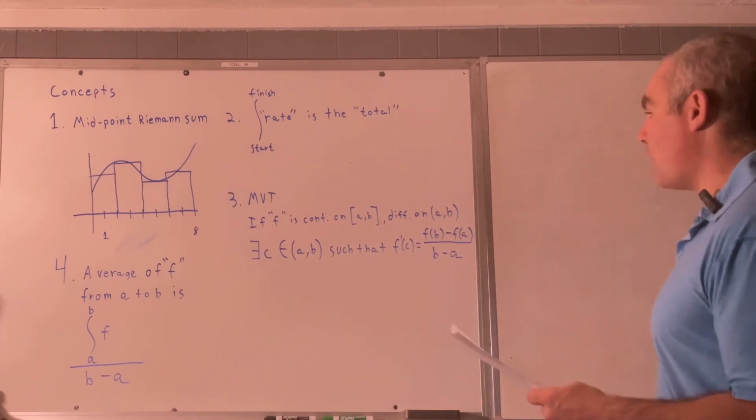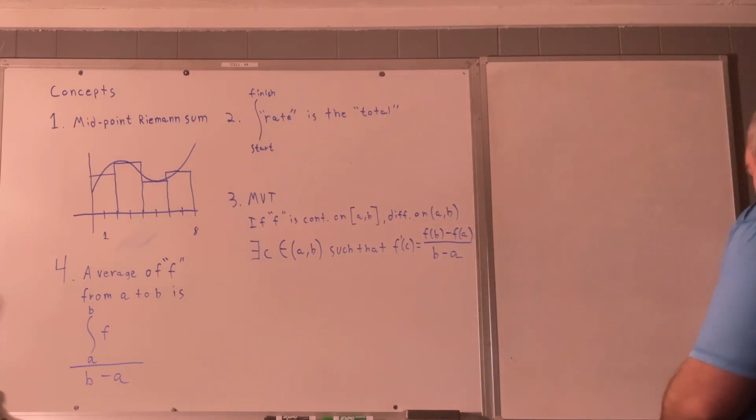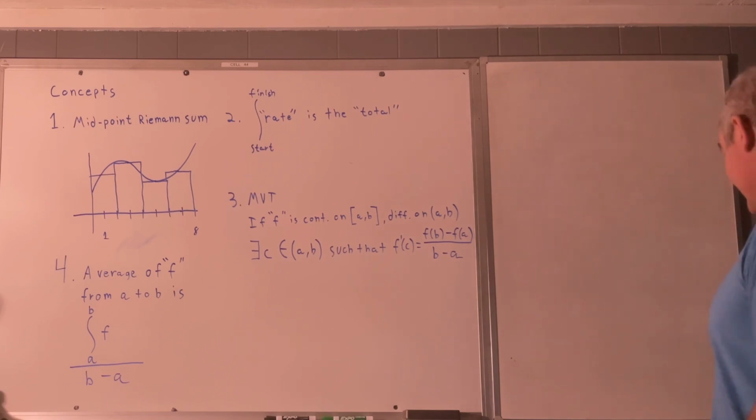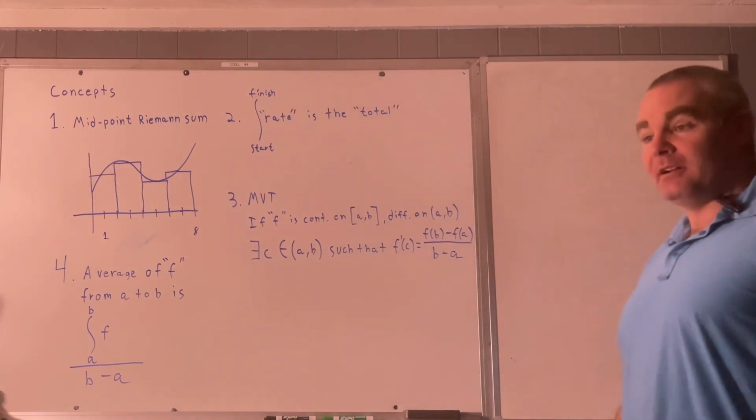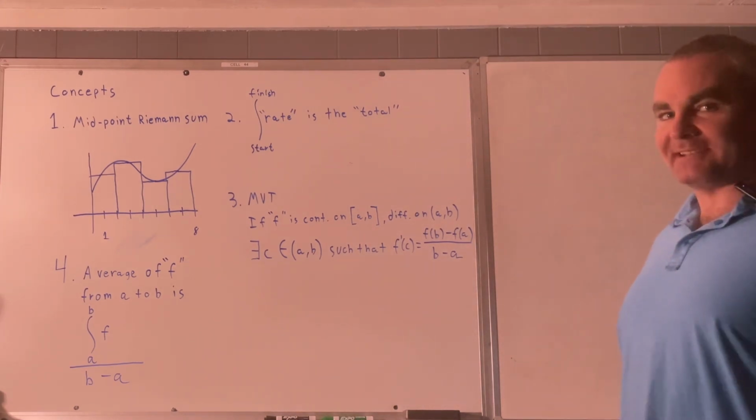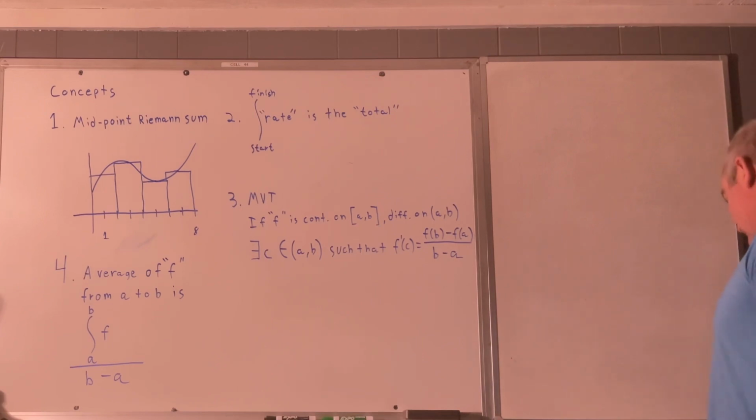So the reason we would want to use the mean value theorem on this is because it starts and ends at 9.6. Therefore, the average rate of change of the rate itself is 0. At t equals 0, it's 9.6. At t equals 24, it's also 9.6.